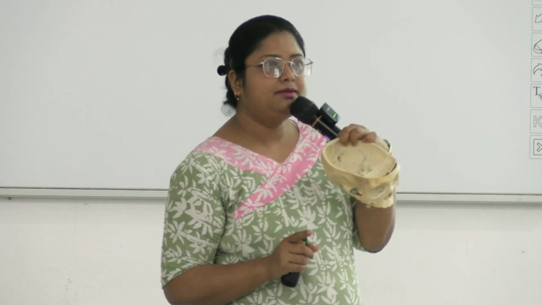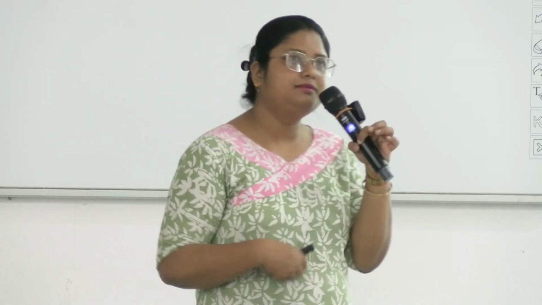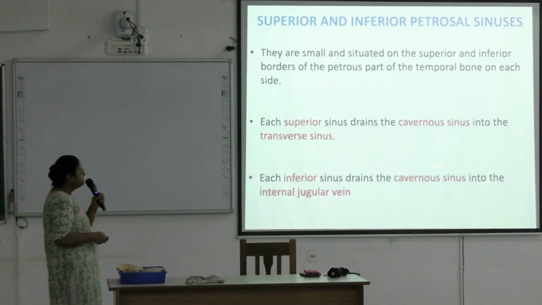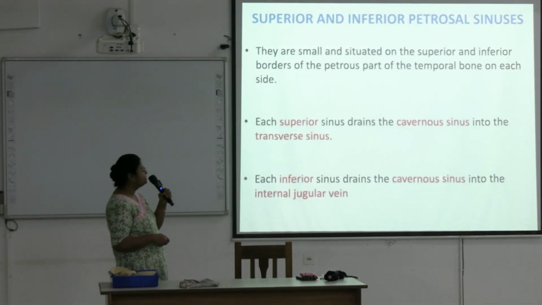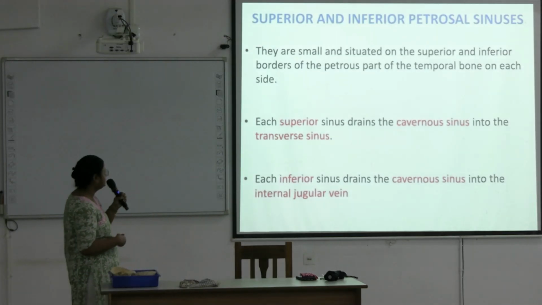So along the superior margin will be the superior petrosal sinus and along the inferior margin will be the inferior petrosal sinus. You have also seen this in the pictures. Each superior petrosal sinus drains the cavernous sinus into the transverse sinus, and each inferior petrosal sinus drains the cavernous sinus into the internal jugular vein.